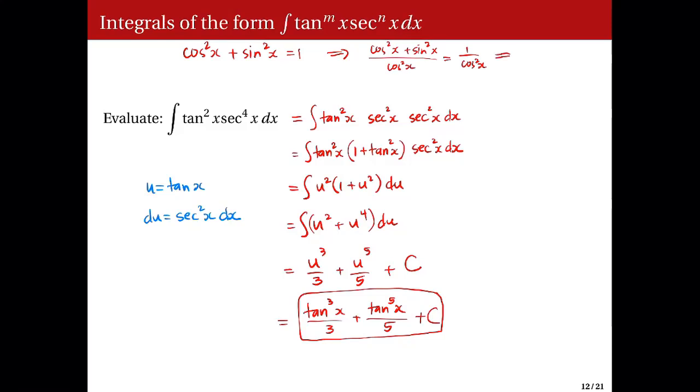So in here, you have cosine squared x over cosine squared x, that's just 1, plus sine squared x over cosine squared x, that's your tangent squared x. And then 1 over cosine squared is secant squared. So you have secant squared x here. So that's where this 1 plus tangent squared x was derived. Okay, so from secant squared x, you will have 1 plus tangent squared x. Other questions?